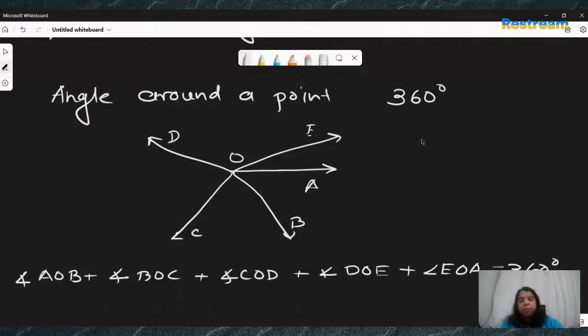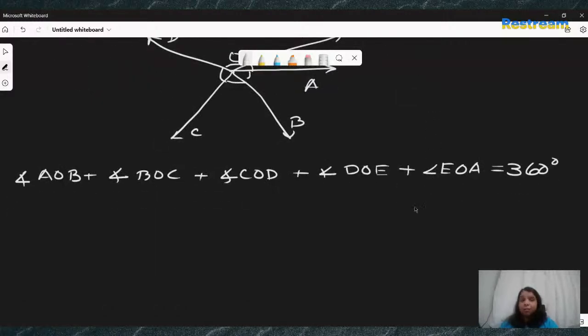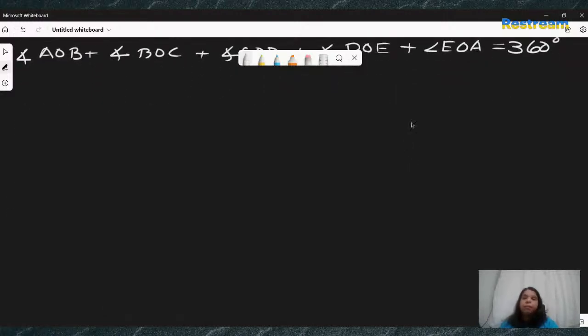So if you put them together like this, they all make up a circle, and the measurement of the entire circle is 360 degrees. So angles around a point is also something that is very important when it comes to geometrical deductions. This is the initial step of something called deductive geometry. Okay. Now the last type of angles is vertically opposite.